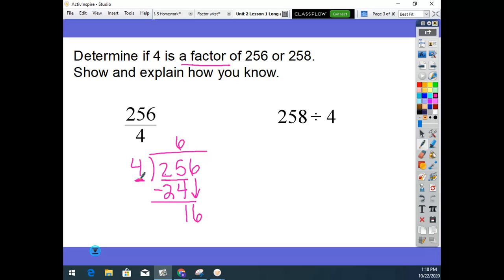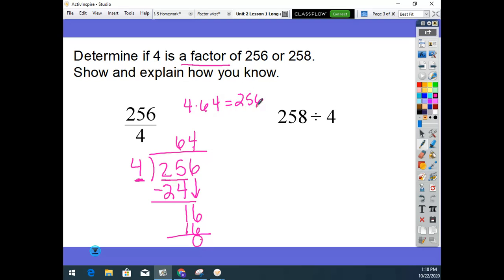How many times does 4 go into 16? 4 times 4 is 16, and there's a remainder of 0. If there's a remainder of 0, that means 4 times 64 equals 256. If there's a remainder of 0, 4 is a factor.